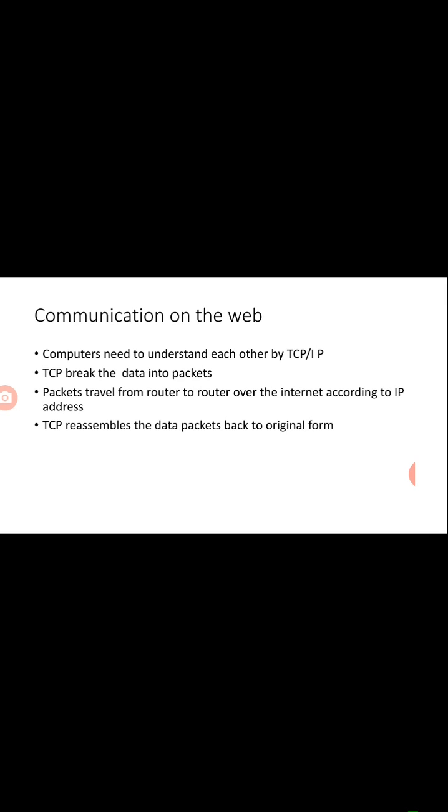We already know that these packets have to travel from one router to another, from gateways to gateways, from hubs to switches to bridges, etc., over the internet according to its IP address at the destination address. At the destination, finally the TCP, the Transmission Control Protocol, reassembles the data packets back to its original form.